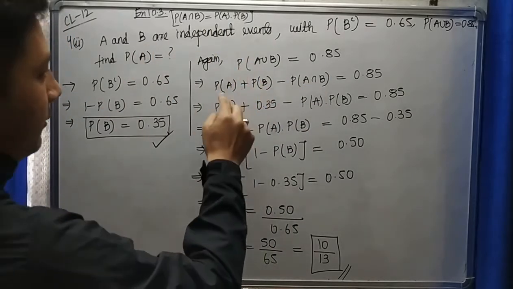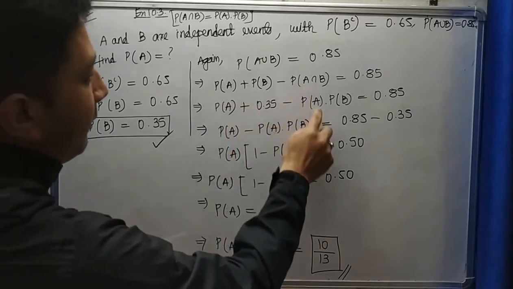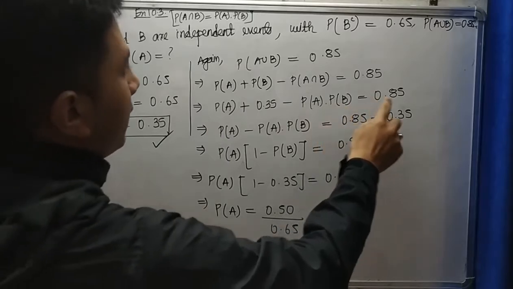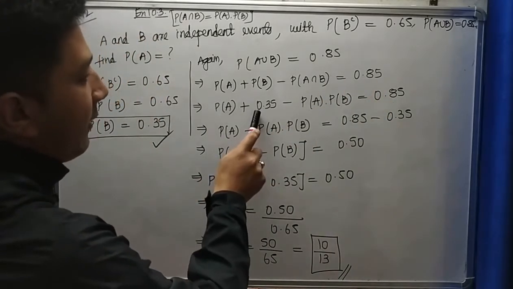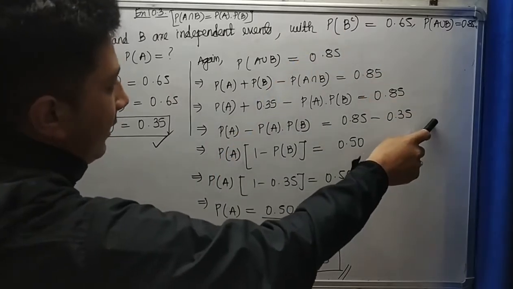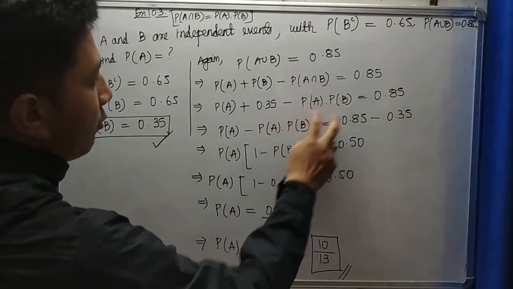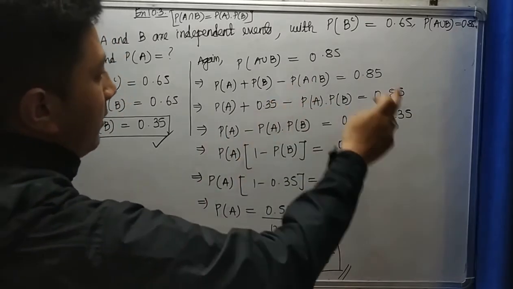So put the values. P of A, keep it as P of A. P of B is 0.35. P of A into P of B, keep it as it is for now, is equal to 0.85. So what will you do? You'll take this 0.35 to the left hand side, it becomes minus, and therefore P of A minus P of A into P of B is equal to 0.85 minus 0.35.